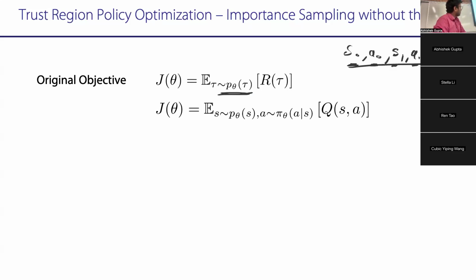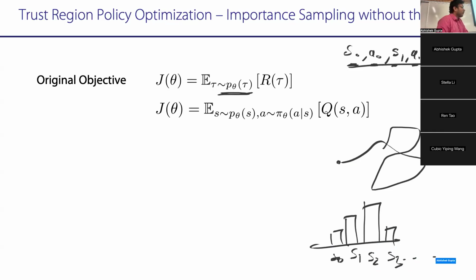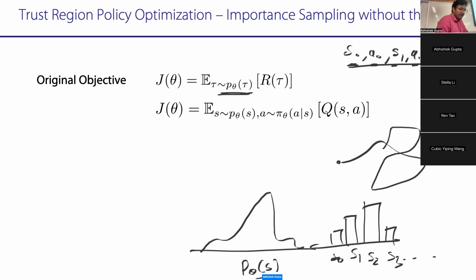The stationary distribution is, if you ran your policy for long enough in the environment, what is the visitation of different states? You can get a histogram of how much S0 is visited, how much S1 is visited, how much S2 is visited, and so on over all the states. The continuous version of this is a probability distribution: if I ran pi theta in the environment over an infinite horizon, what is the likelihood that I would visit a particular state?